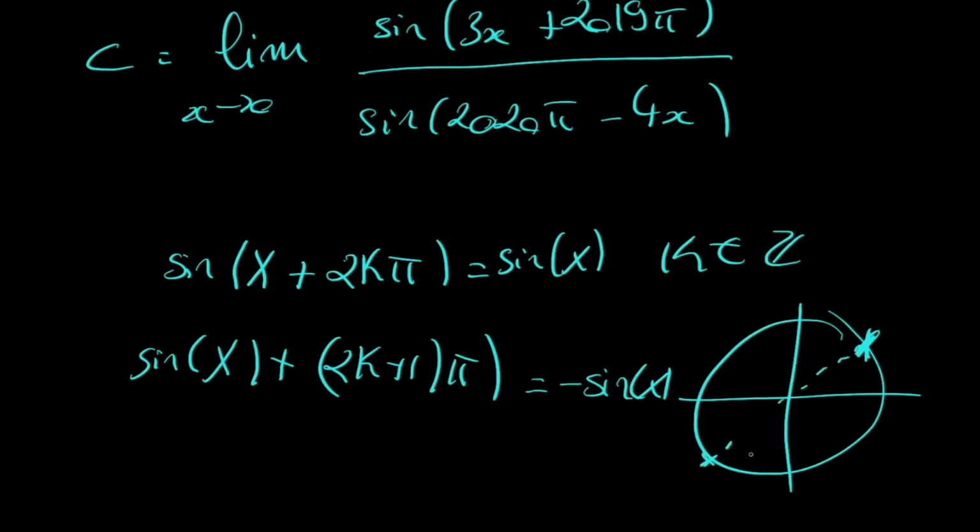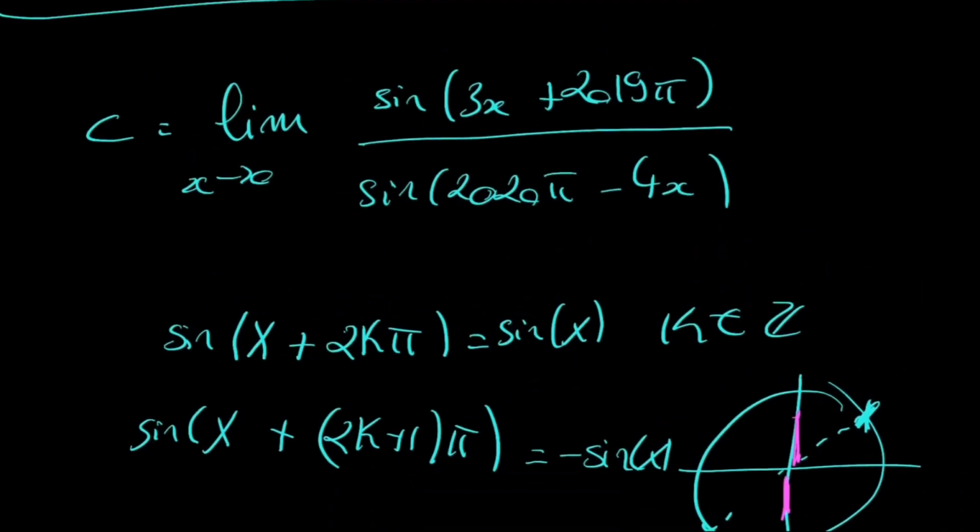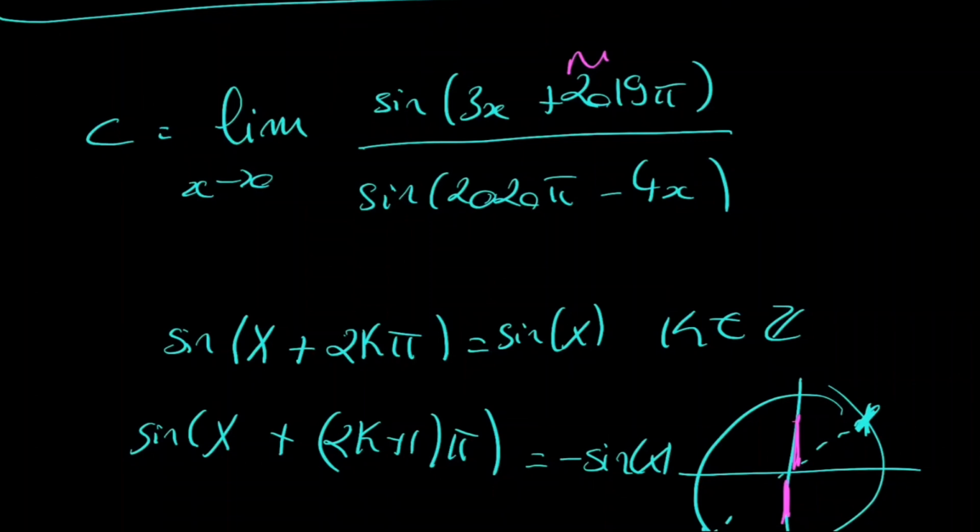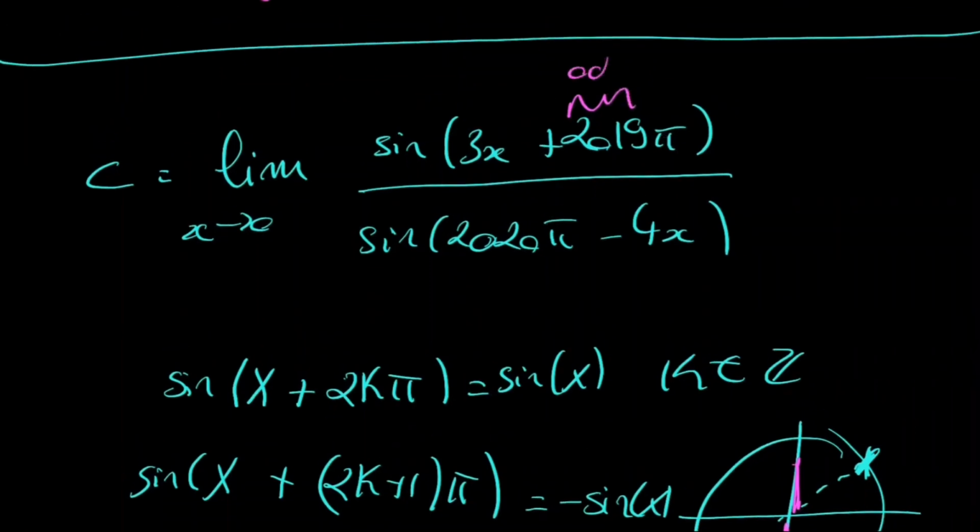And you can see that this sinus is equal to minus this one, exactly. So sinus of x plus (2k plus 1) pi is equal to minus sinus of x. And that being said, we've got an odd multiple of pi here, so this thing is odd, so it's equal to 2k plus 1 with some k.